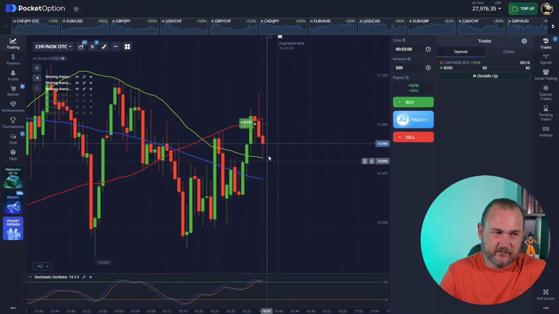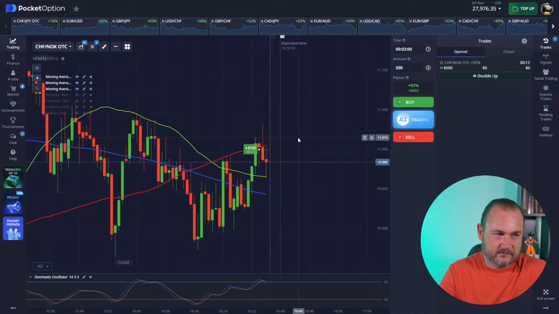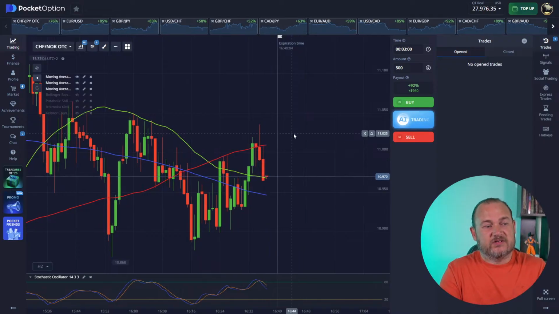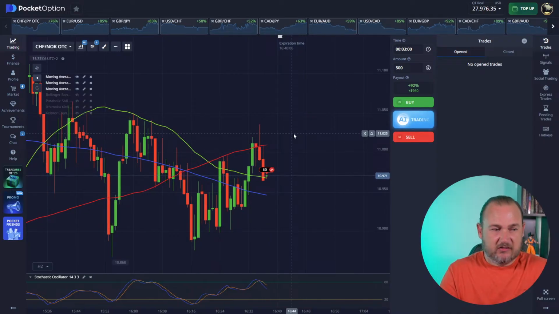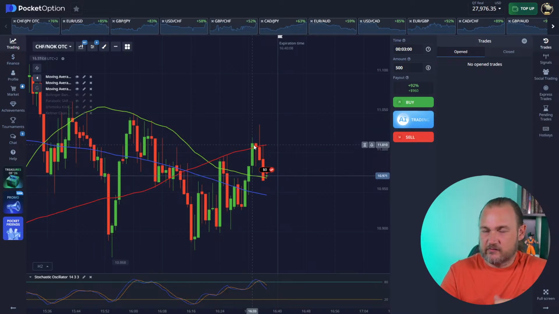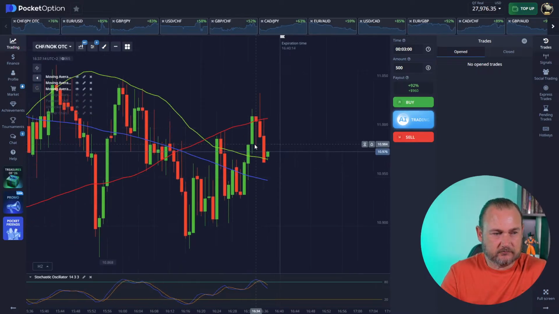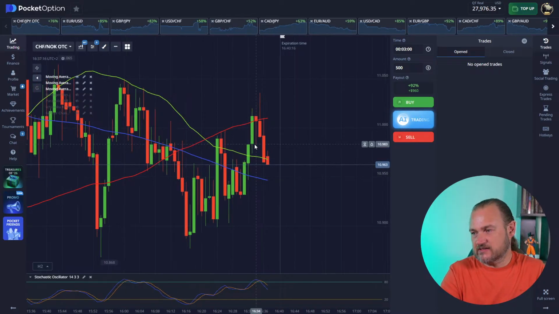Might have been out. A 5-minute trade might have been good as well. Well, it was still a valid trade in my opinion because we did break through the resistance and the stochastic went into overbought. But okay, that's it on the stochastic.